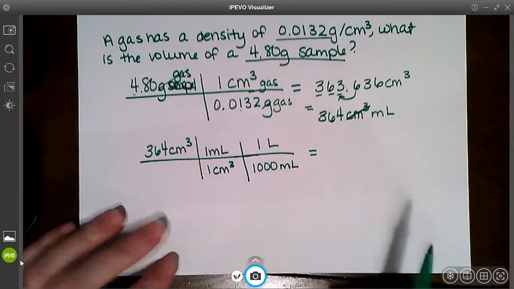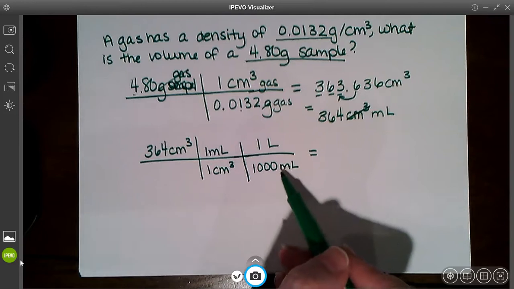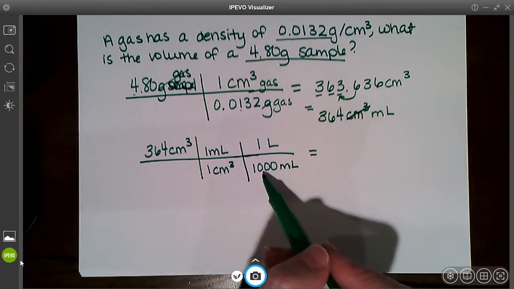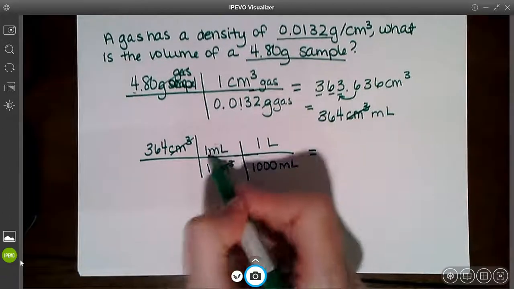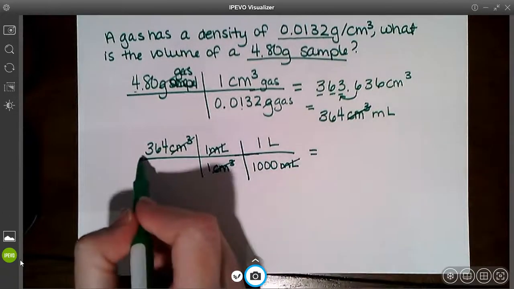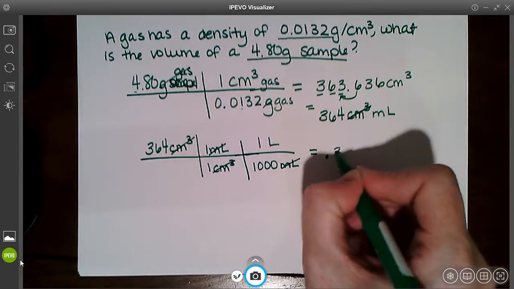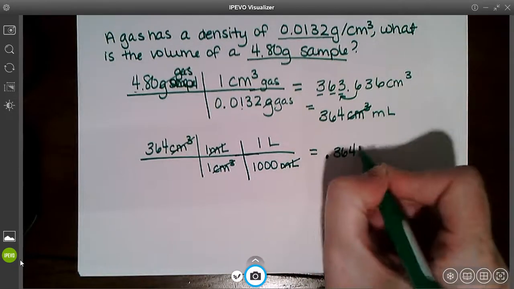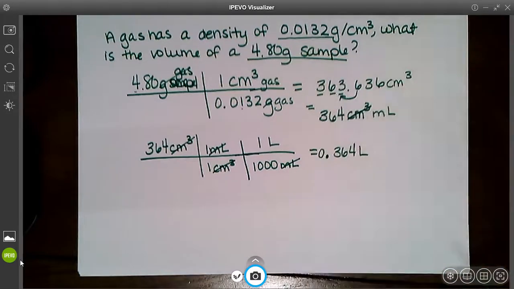The conversion between milliliters and liters is really key on the AP exam. Milli means divide into 1,000 pieces, so if I have 1,000 of them, then that gives me 1 liter. So these cancel, these cancel. So it's really 364 divided by 1,000, or 0.364 liters. On the AP exam, they do not care if you have the 0 up front. If you would like that, that is perfectly fine too.